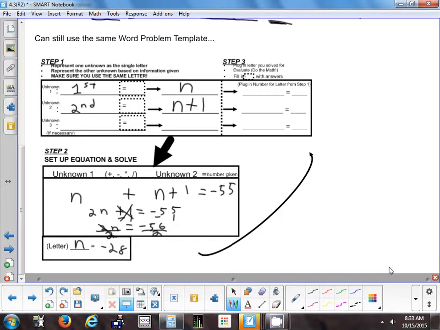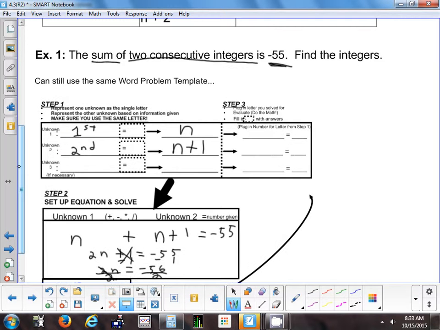Now from here, we're just going to do what we did yesterday. We've got n. We go back up. Is there any arithmetic to do for the top one? No. That's just a letter. So when I plug the number back in, it's just a number. So that's done. The bottom one, we have a little bit of arithmetic, but it's going to be very easy.